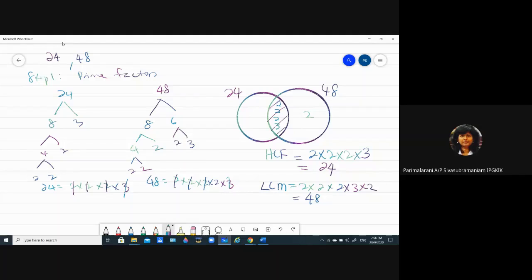If you want to check, you can. What are the factors for 24? 1, 2, 3, 4, 6, 8, 12, 24, correct?